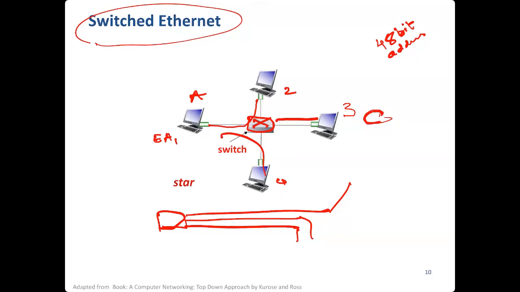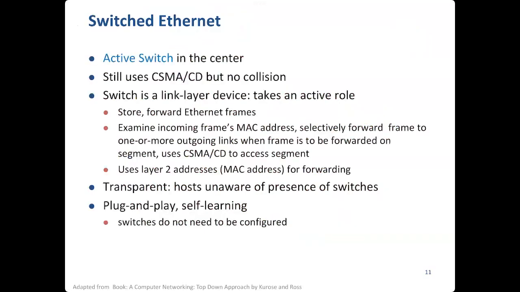That's the assumption. There are ways to know the Ethernet address of another machine. Right now we'll not look at that protocol, but note that for communication, the destination address is required. Now we have studied CSMA/CD. This also uses CSMA/CD, but no collision.